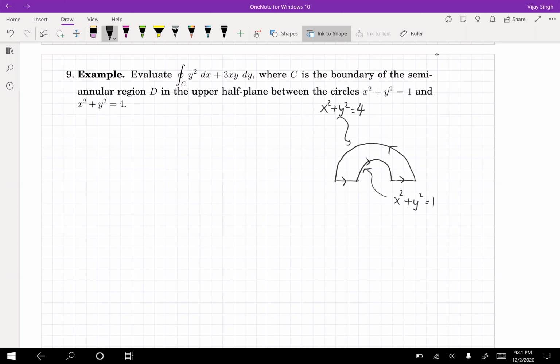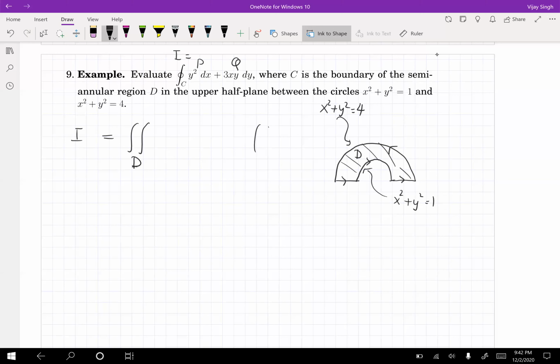So we have the integral over C of y squared dx plus 3xy dy. So let's call this region D, which is this piece of annulus. So here we have P, we have Q. So this line integral I is going to be an integral over this semi-annulus region using Green's theorem.